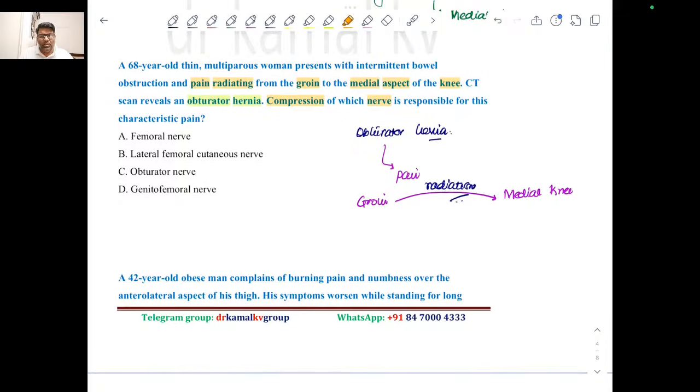So the pain is going from groin to the medial knee, and this is because of compression of the obturator nerve. Now obturator nerve supplies both knee joint as well as hip joint. So the pain is referred from the region of the hip joint to the region of knee joint. That's because both the joints have the common nerve supply, obturator nerve.